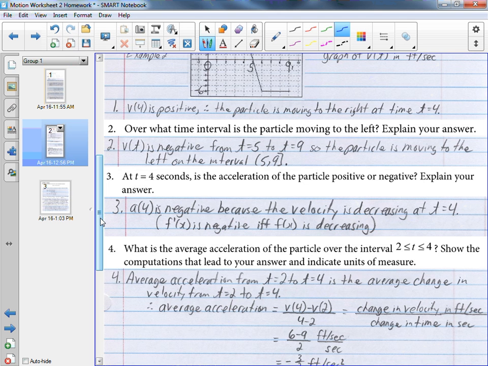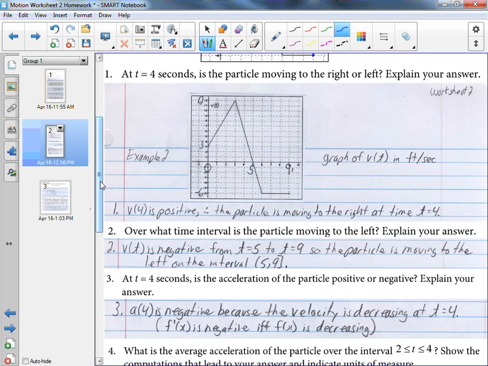Number 3, at t equals 4 seconds, is the acceleration of the particle positive or negative? All right, now this goes back to the idea of the relationship in a graph and its derivative. At t equals 4 seconds, our graph is decreasing, isn't it? It's positive, but it's decreasing.